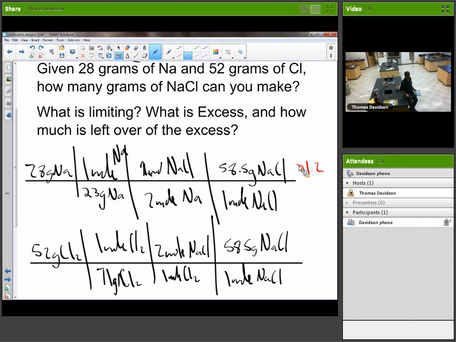Did I do something wrong? No, I just wondered, is 52 grams of Cl the same as 52 grams of CO2? Yeah. Sorry. This is chlorine. Thank you. That was bad writing by me.